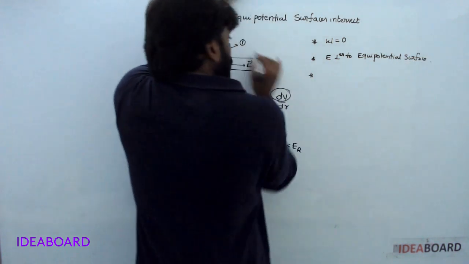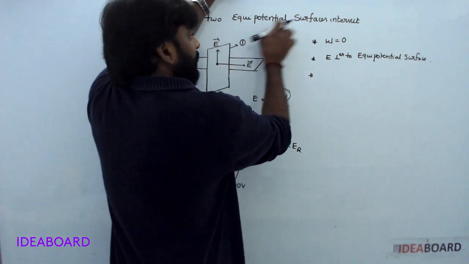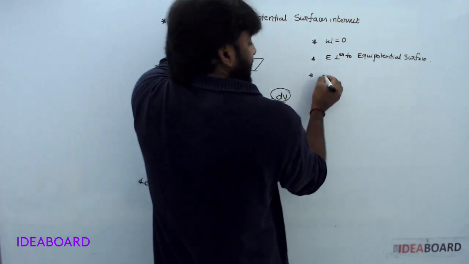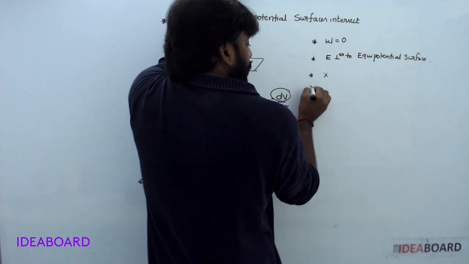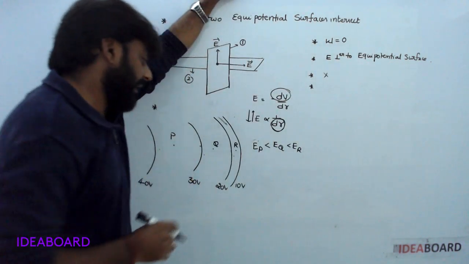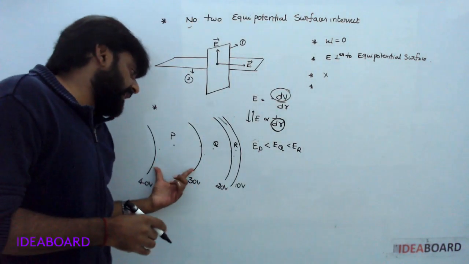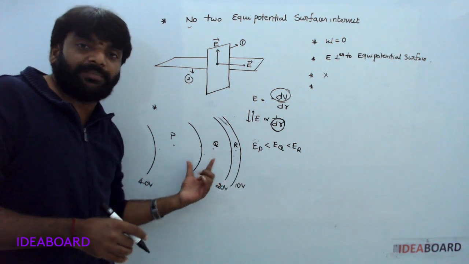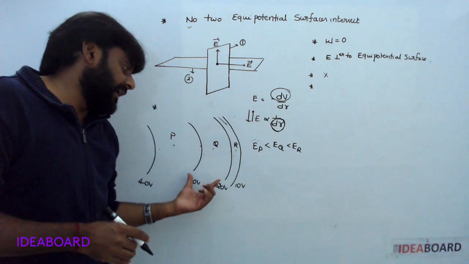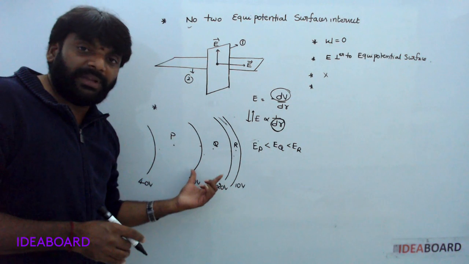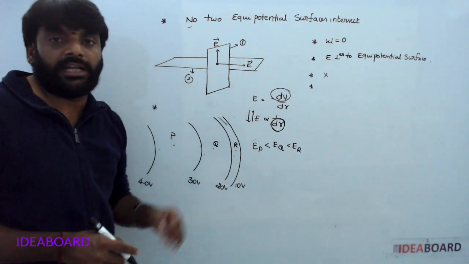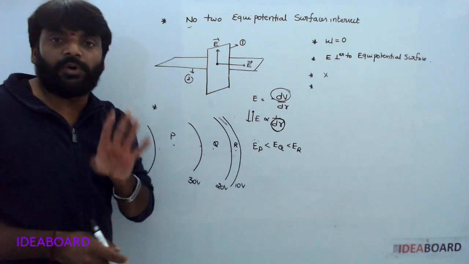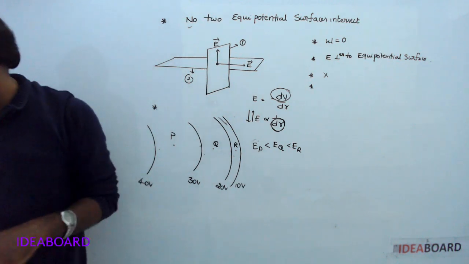Third point, no two equipotential surfaces intersect. And fourth, the main important point, the spacing between the equipotential surfaces represents the electric field nature, that means it is strong or weak. These are the main 4 points.